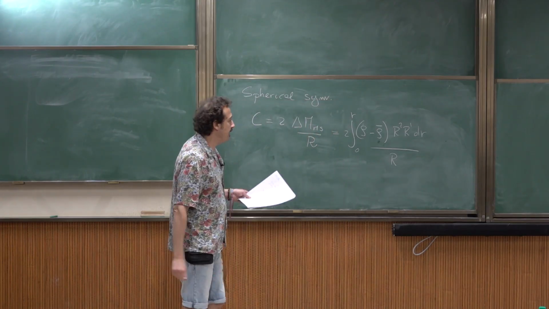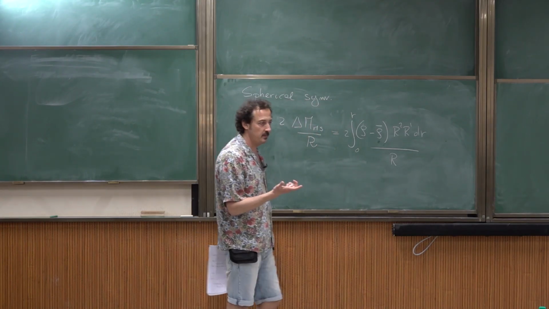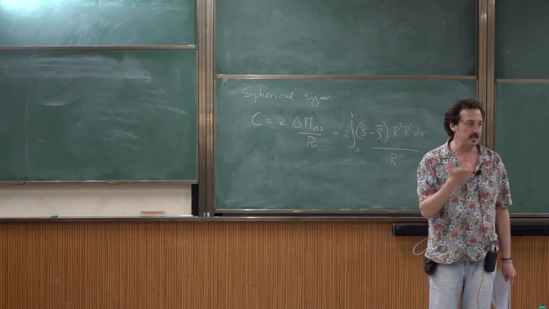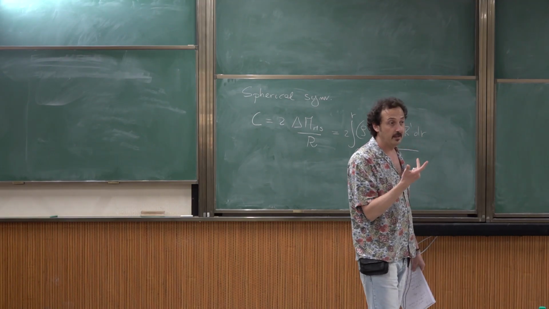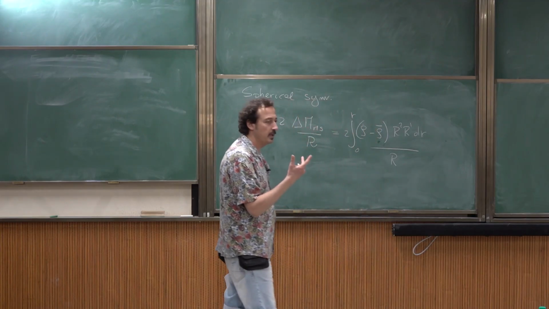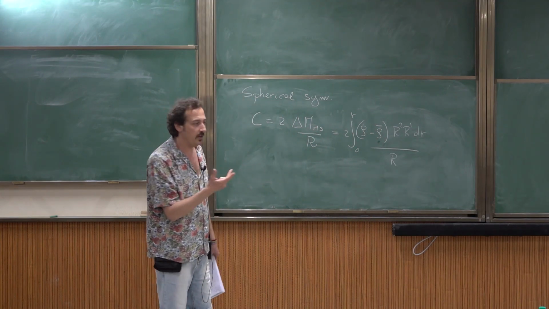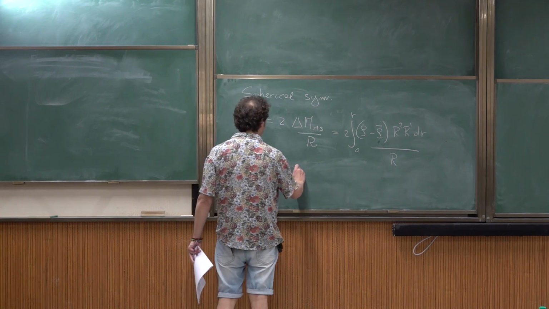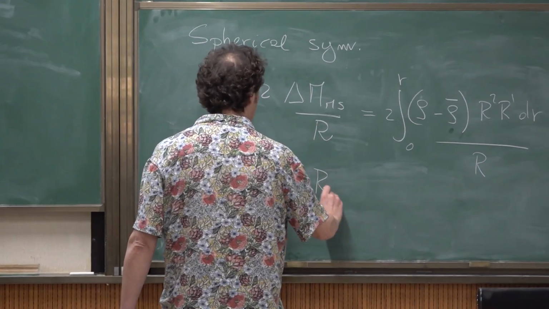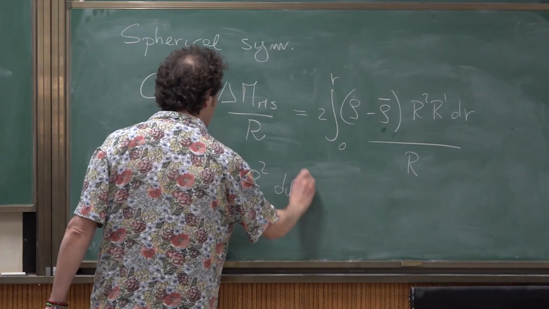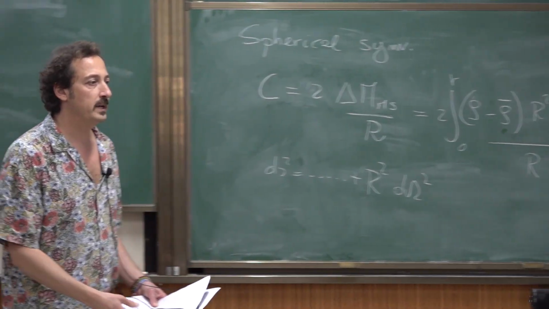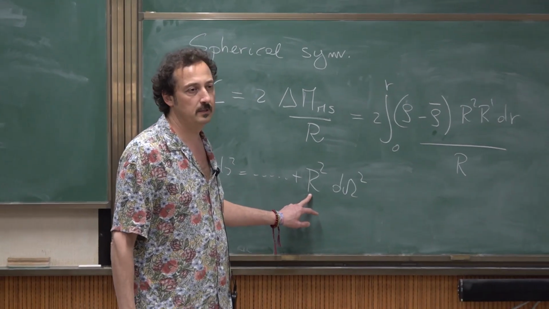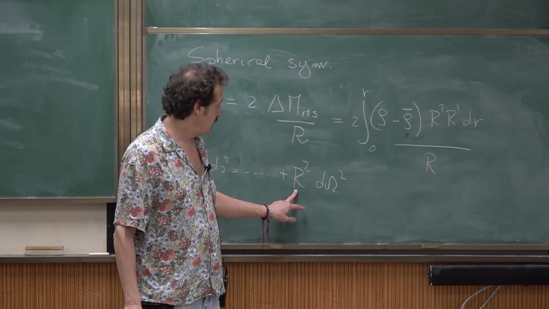Here the area radius, because we are in spherical symmetry, we can take the metric that is explicitly spherical, related to the angular Killing vectors, and so the metric looks like this, dot dot dot, whatever it is, plus r squared d omega squared, where this r is what we call the area radius, and in principle depends on the radius and time.